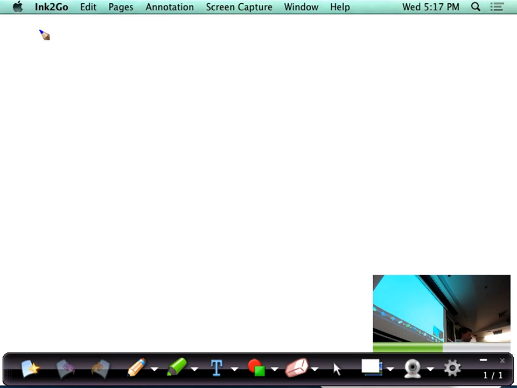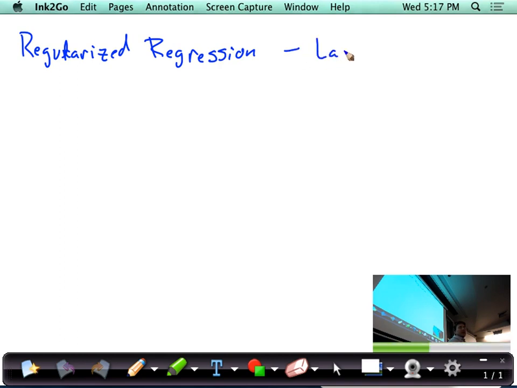So the topic of class today is going to be regularized regression. In particular, we're going to mainly focus on a technique called the lasso.